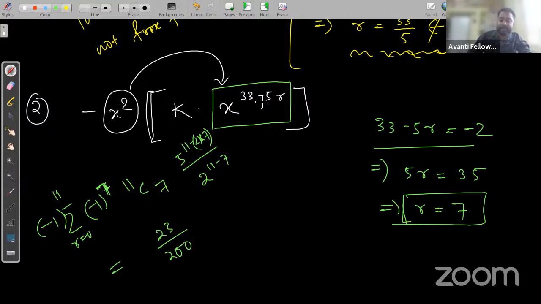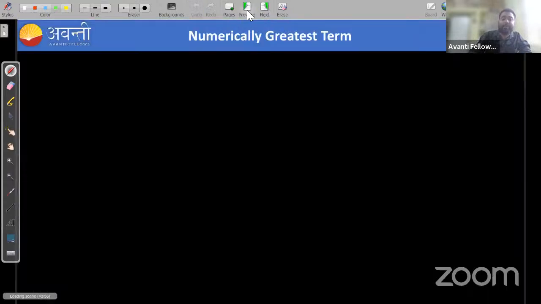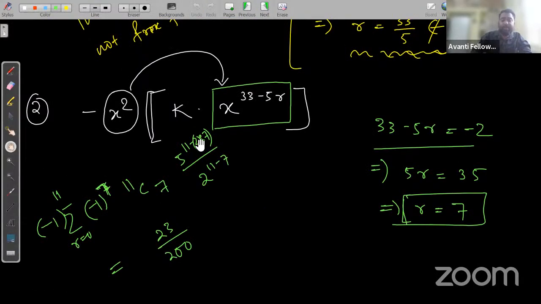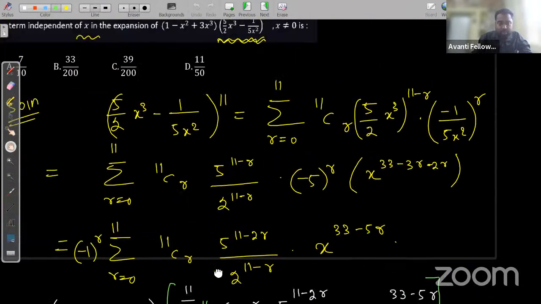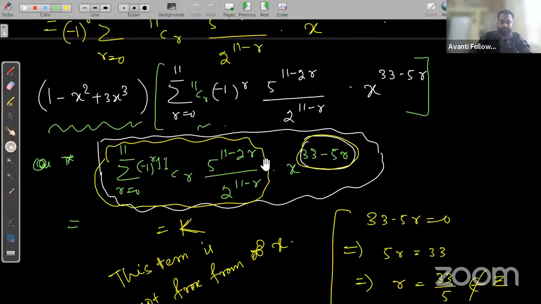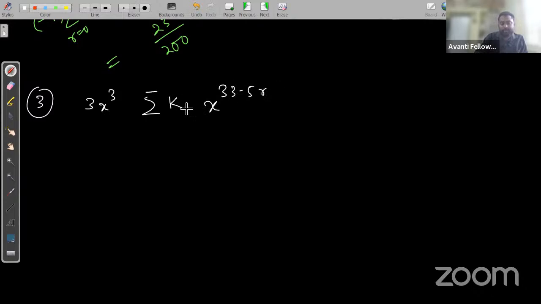So this is the second case, but in the third case, what will happen? When we multiply plus 3x cube, let's see, it is very simple, plus 3x cube, third case, with summation k into x to the power 33 minus 5r.